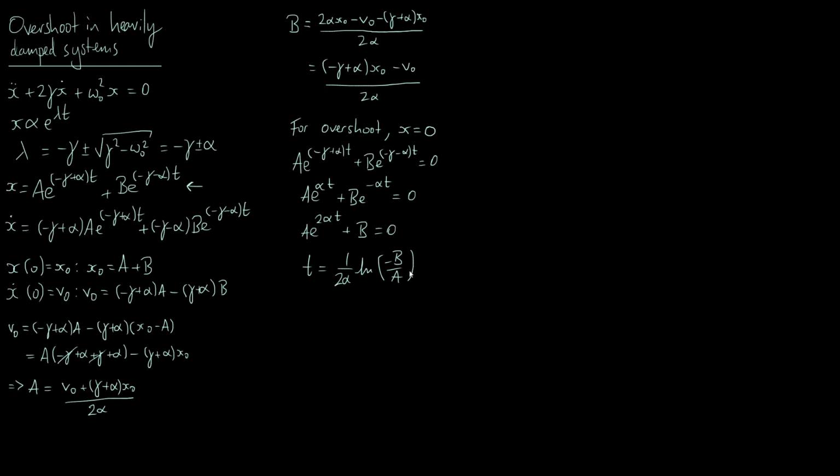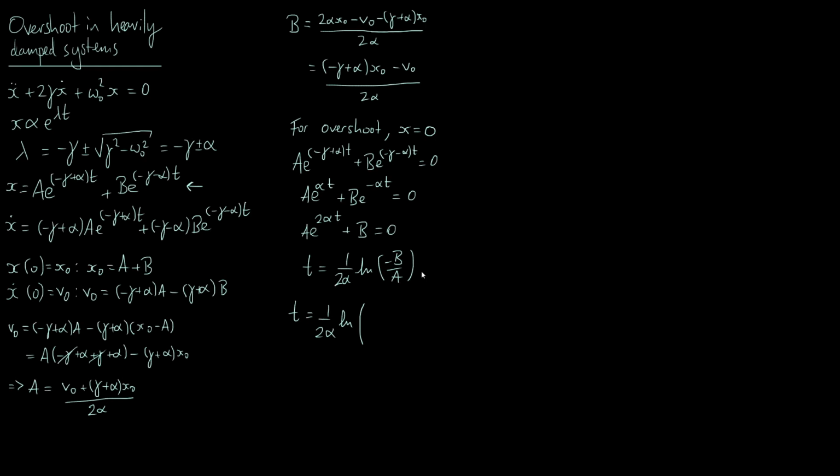Okay, so let's plug in the values of b over a that we found in terms of v0 and x0. So t is 1 over 2 alpha log of something, and notice that b and a are both divided by 2 alpha. The denominator of b and a is both 2 alpha, so we can forget about that 2 alpha because we're taking the ratio of them. And so what we first want is minus the numerator of b.